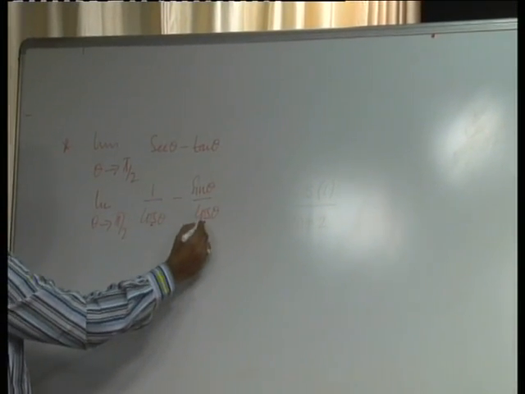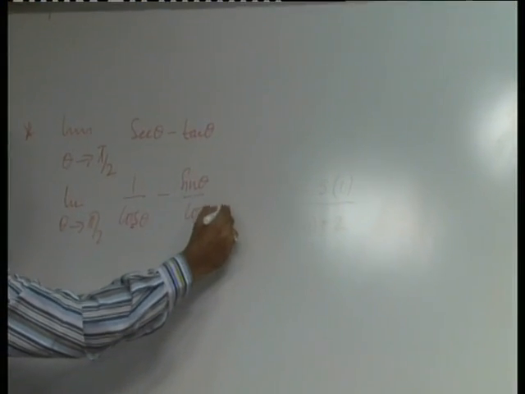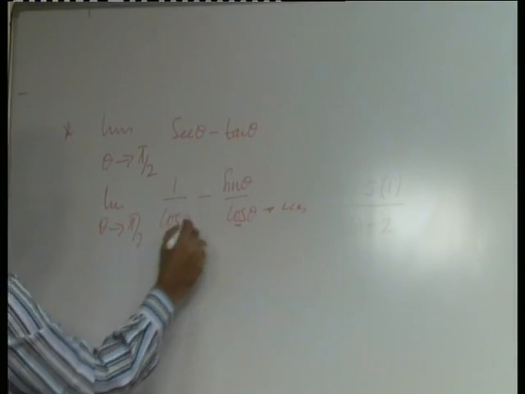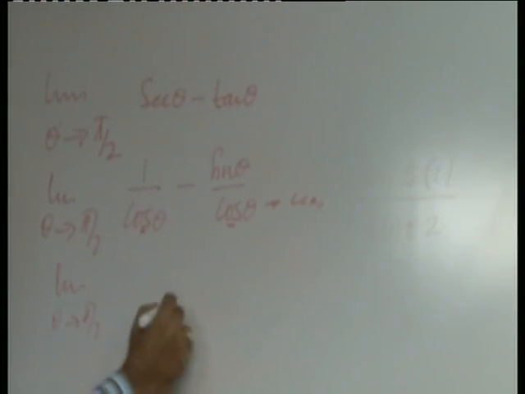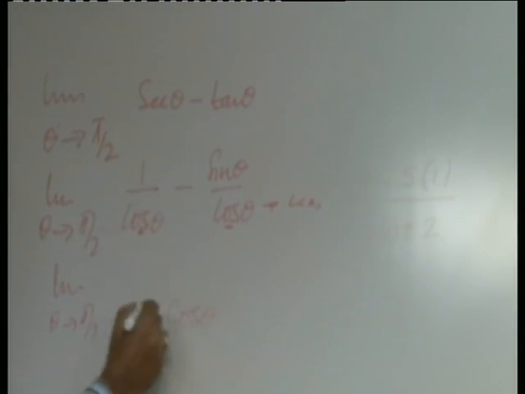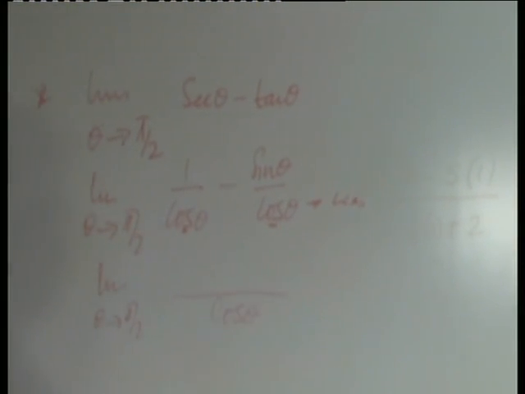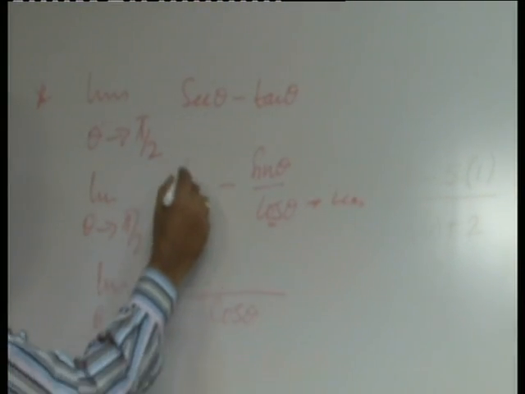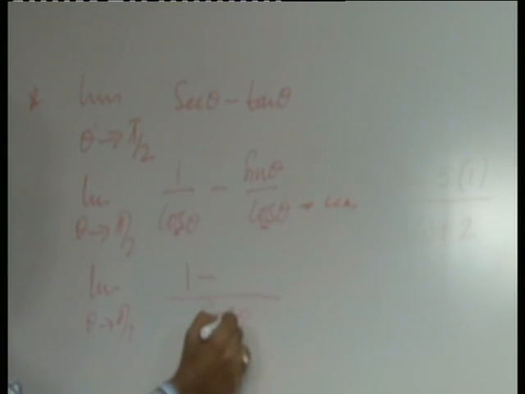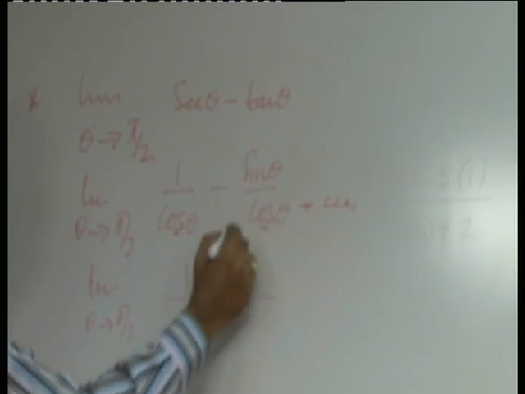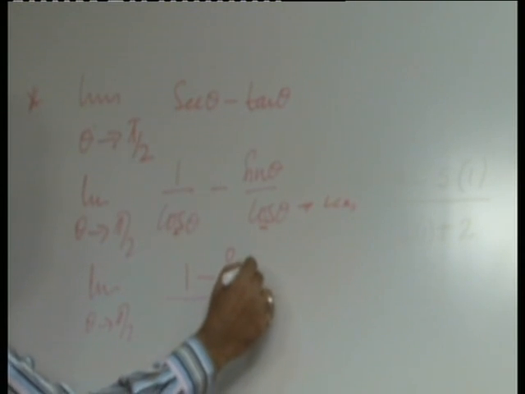Both denominators have cos, so you take the LCM. What is the LCM for this? When we have a common term in the denominator, that becomes the LCM. Cos theta is the LCM, and cos theta is there, therefore I take only 1, and here sin theta.